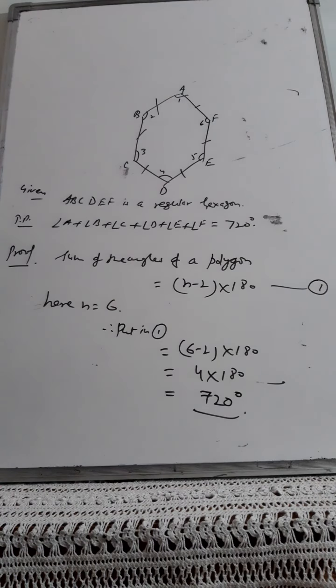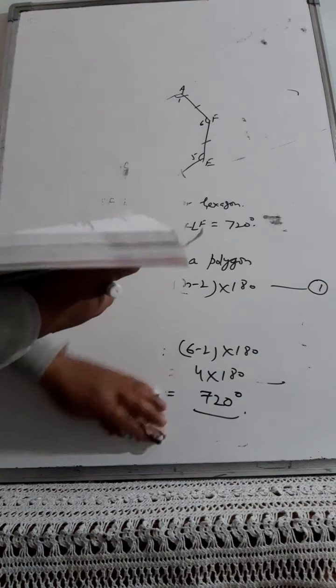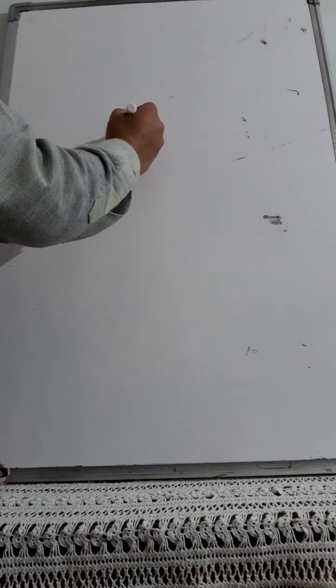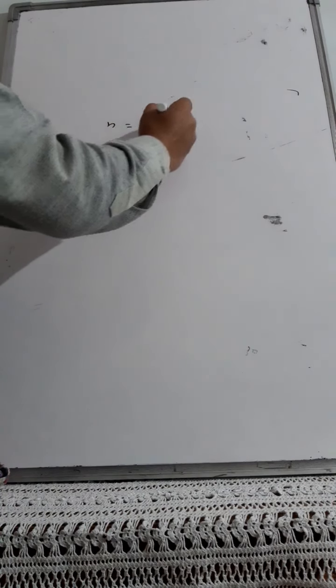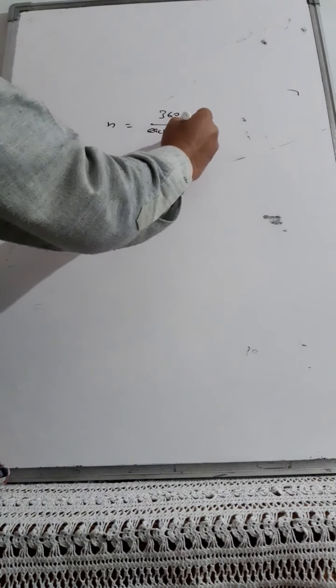Then number 6: find the measure of each exterior angle of a regular polygon of 18 sides. Again you can use the formula here. In number 6, the number of sides n is equal to 360 upon each exterior angle.